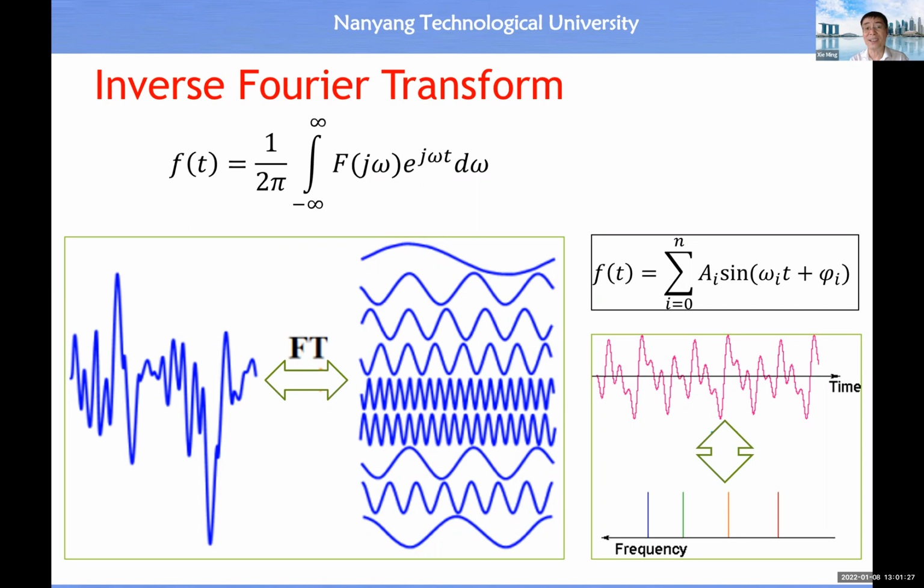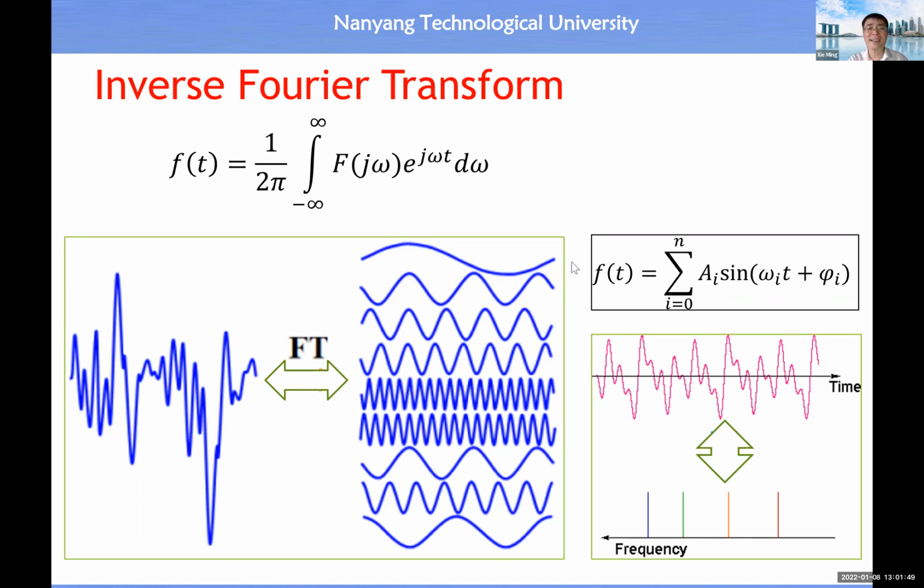That is the inverse Fourier transform, right? And in the case of a vibration signal, in which we only have a finite number of sources, the frequency signal is like a lot of peaks. So then, straightforwardly, you can apply this formula to do the inverse Fourier transform.